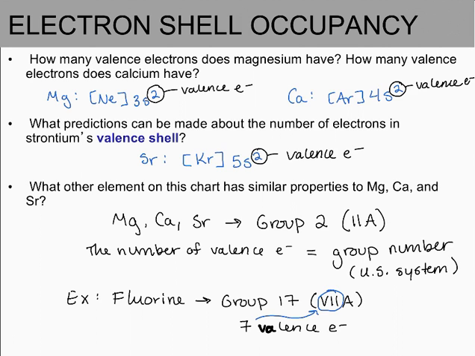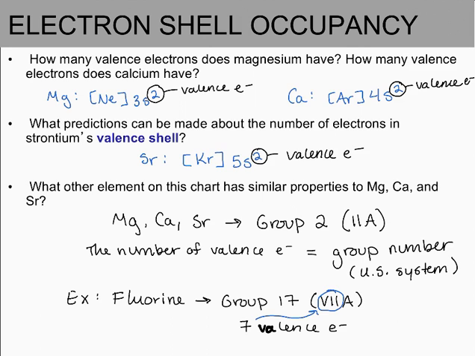Now, I kind of skipped this last question here. What other element on this chart has similar properties to magnesium, calcium, and strontium? So the other elements in group 2 are beryllium, barium, and radium. And you can consult your periodic table just to make sure I'm correct.